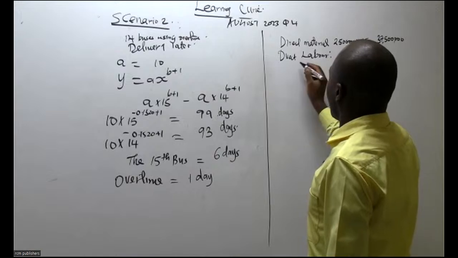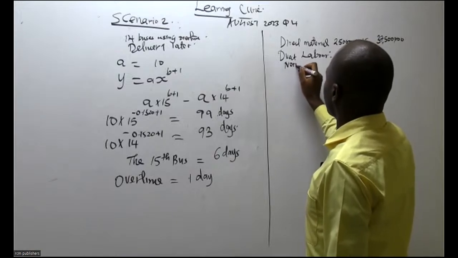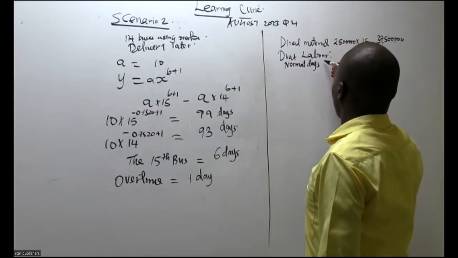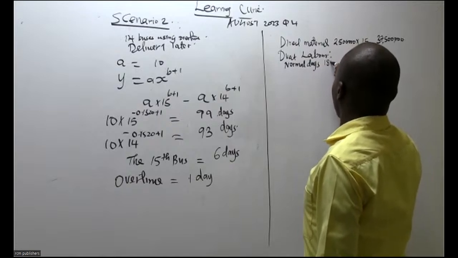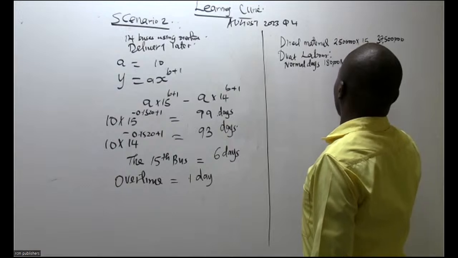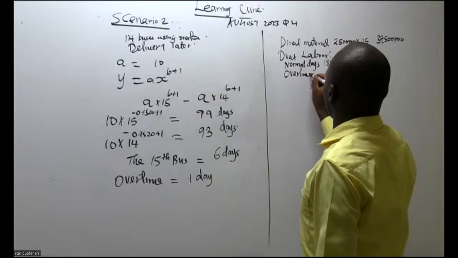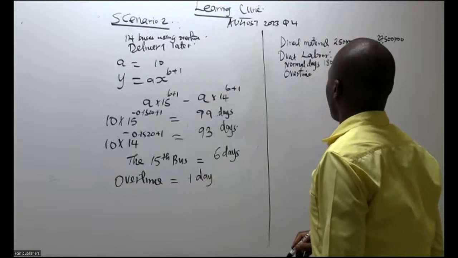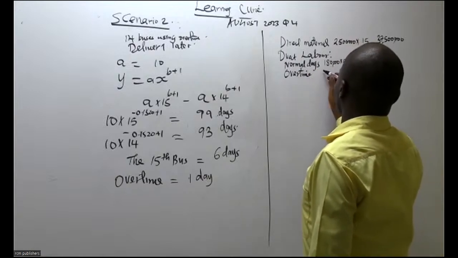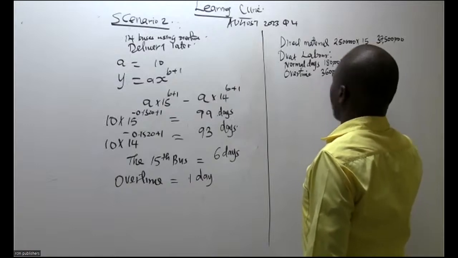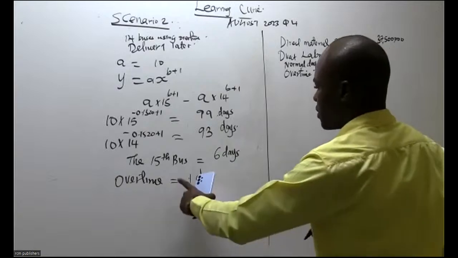My direct labor is divided into normal days, which is equivalent to 180,000 by the normal days. Then we have overtime, which is equivalent to 360 times the overtime number of days, which is 1.